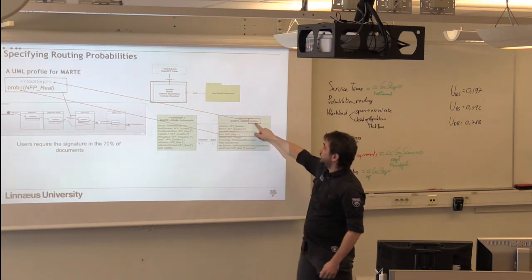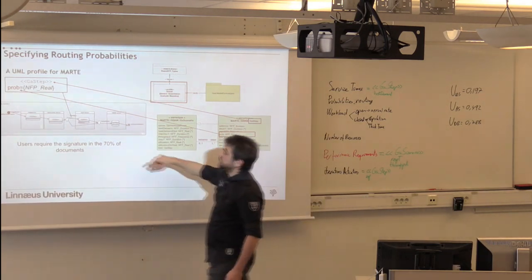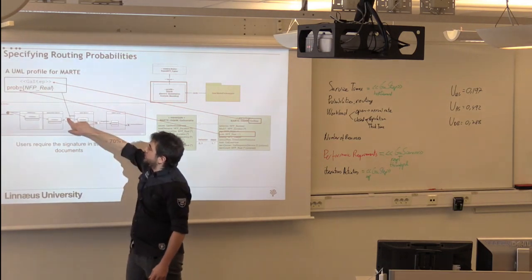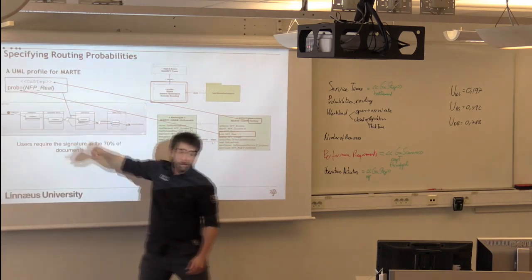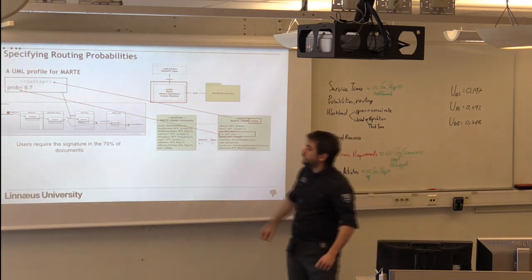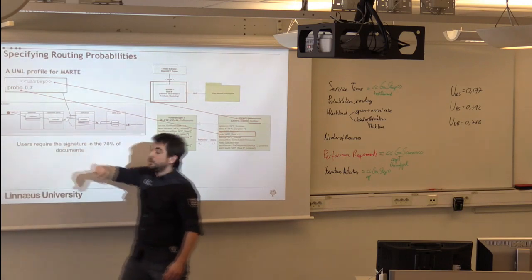So still in the GA step, there is a prob attribute that is a real. So we'll put the attribute GA step with probability and the real, can put it in the arrow. And so we'll put in both arrows, like 70% of documents, probability 0.7.